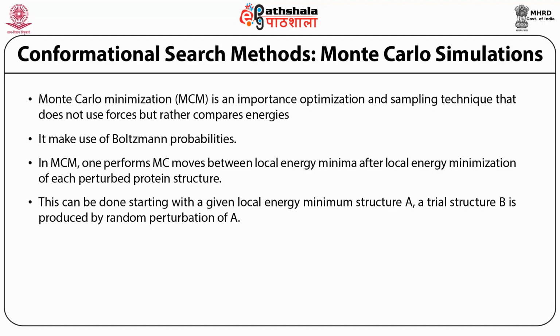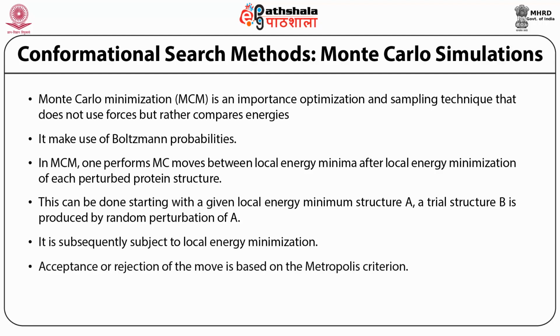A trial structure B is produced by random perturbation of the original structure A. It is subsequently subjected to local energy minimization. The acceptance or the rejection of this particular move is based on the Metropolis criteria.